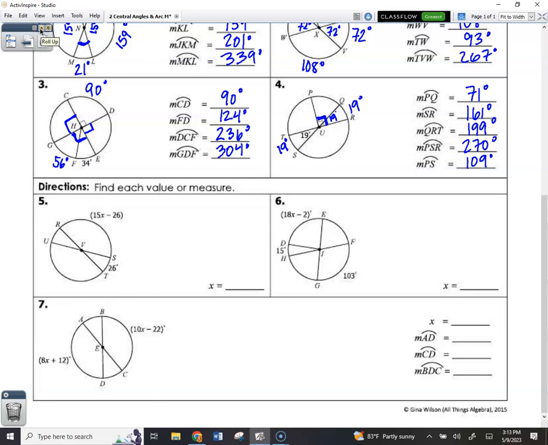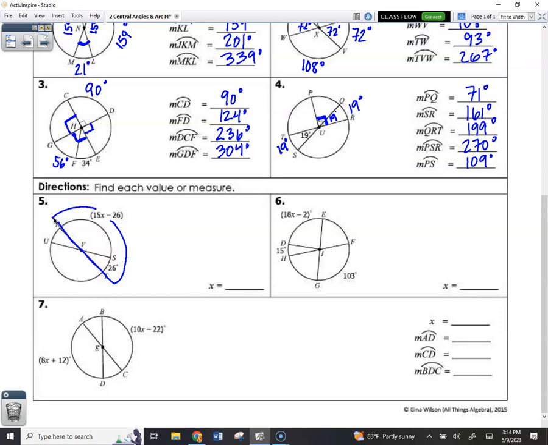We only need 1 of them. I would focus on the one where, when you draw your semicircle, you know all of the pieces. For instance, RT. When I draw my semicircle, I know 15x minus 26 is the big chunk, and I know 26 is the little chunk.